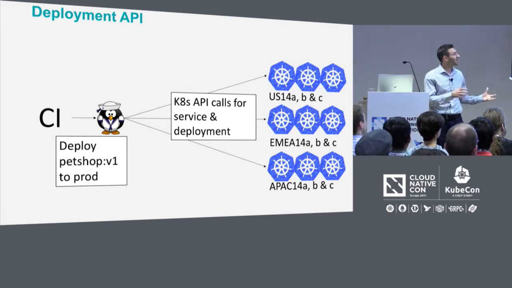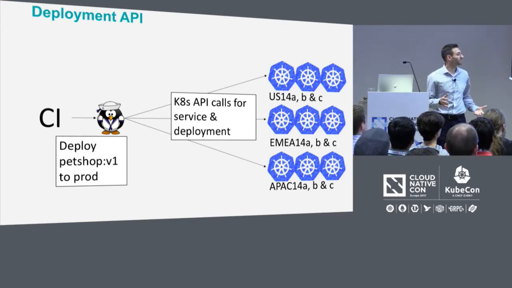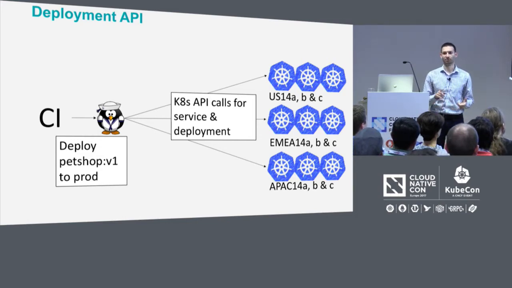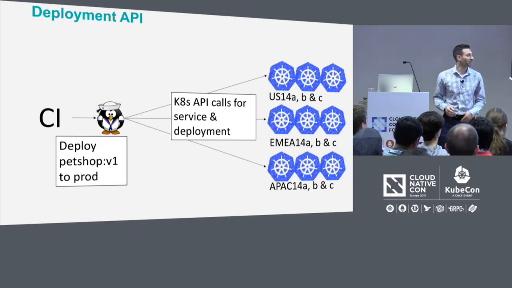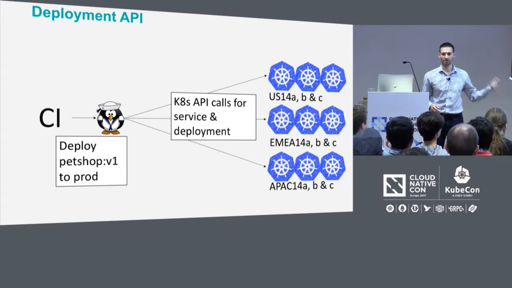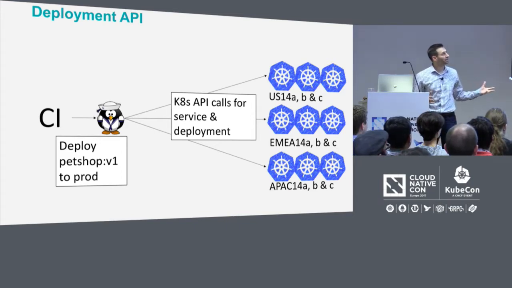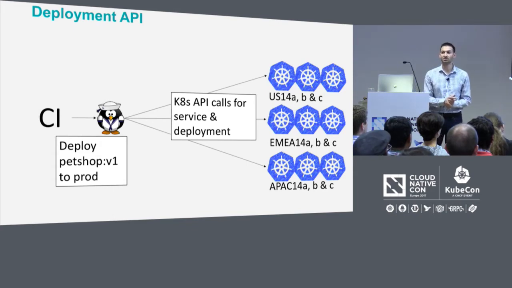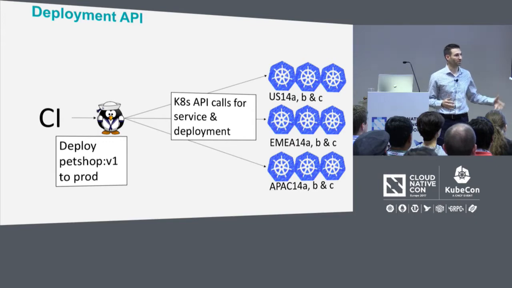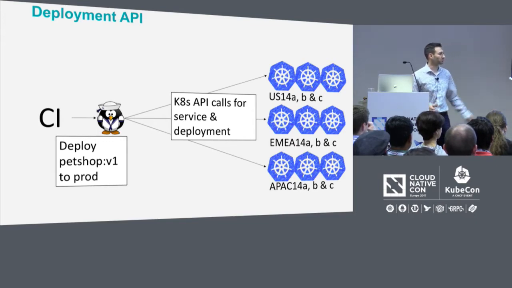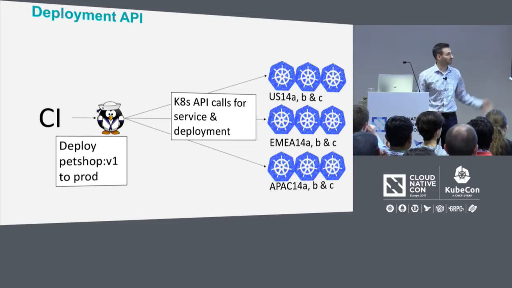What this does is it takes the deployment primitives as a result of our CI: the container, version of the container, how many copies you want to run, environment variables, and where you want to run it, whether you're running it in the US or EMEA or everywhere. And then it translates that into the different Kubernetes API calls, so that the services and deployment objects and whatever else are created on those clusters. And rollouts, blue-green deployments happen thanks to deployments.